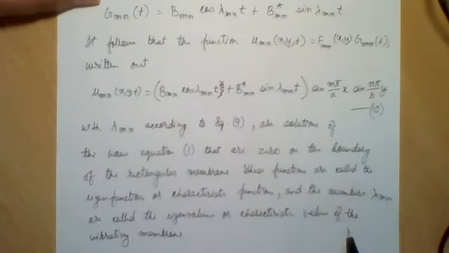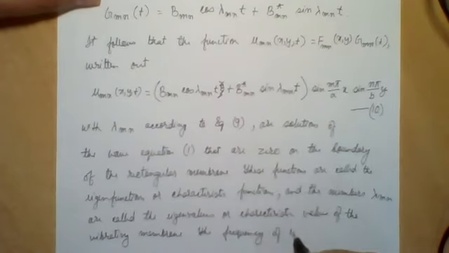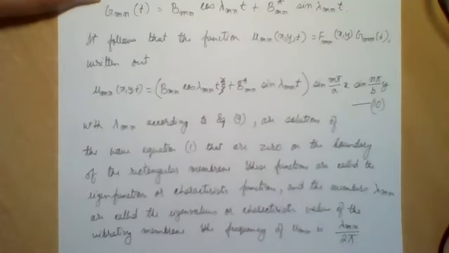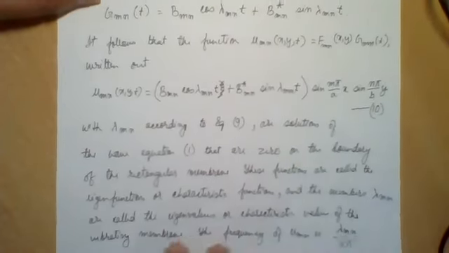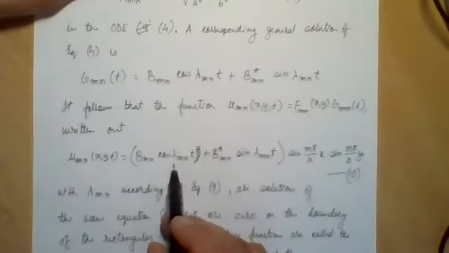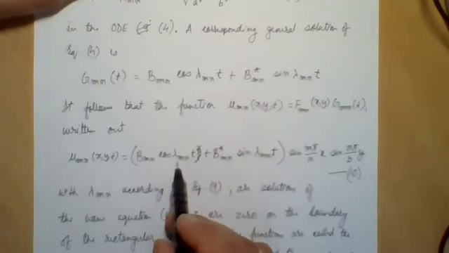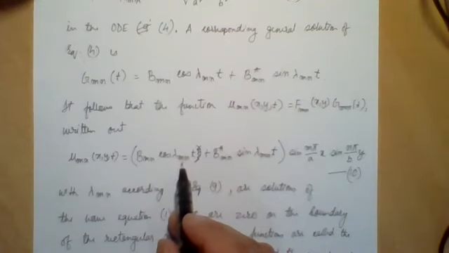The frequency of this vibration, the frequency of Umn, is given by lambda mn divided by twice pi. Here, cos lambda mn t is like cos omega t, and we know that omega is twice pi times the frequency.